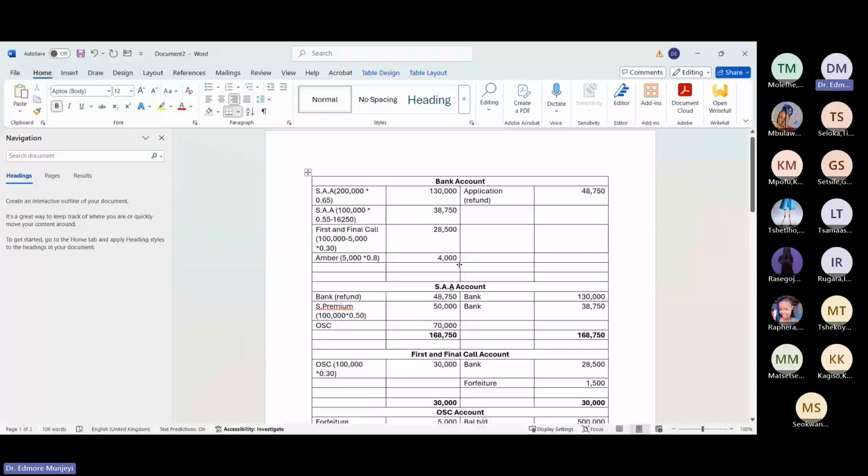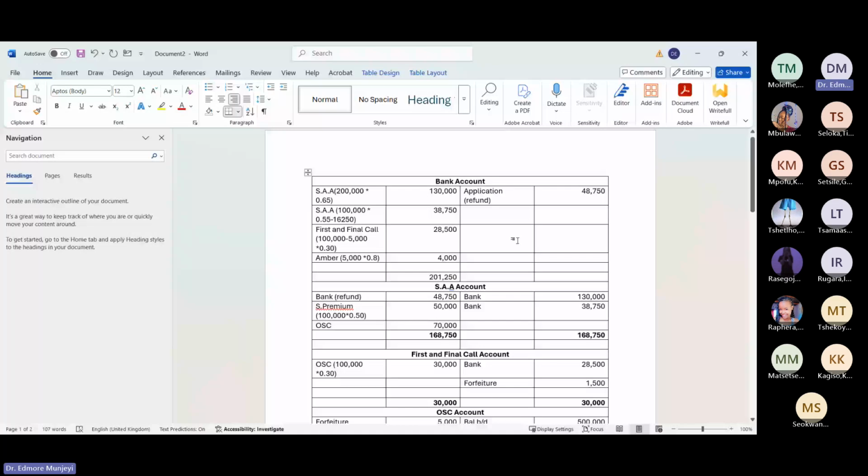The total on the credit side of the bank is 200,000. On the debit side, not the credit side, on the debit side. So the total on the debit side of the bank is 2,000,250.